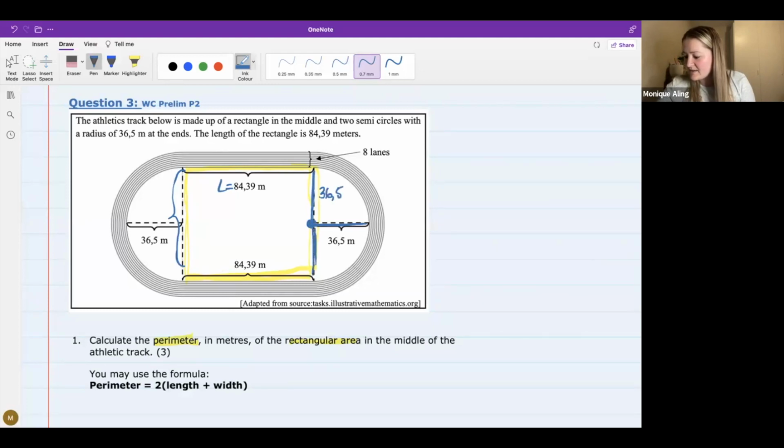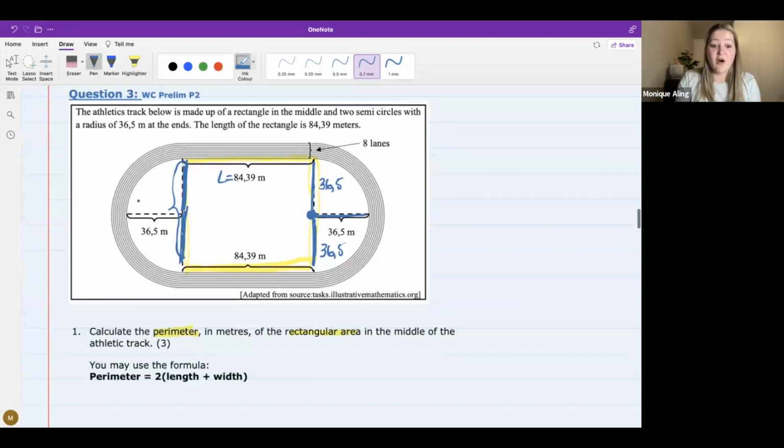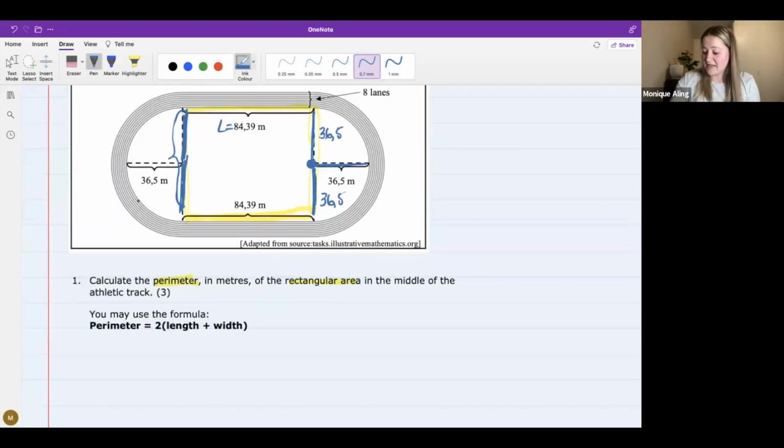And this part is also 36,5. And likewise with the side over here, that's the radius and that's the radius. So in actual fact, we're looking at the diameter of our half circles on the sides here. To get our width, we first need to work that out because it wasn't given to us. It's 36,5 times by 2, or you could say 36,5 plus 36,5, which gives you 73 meters.